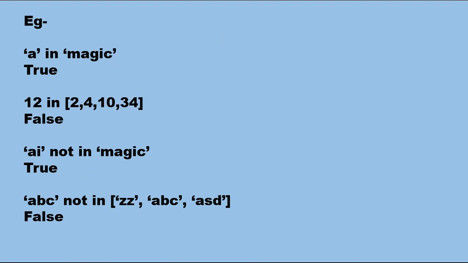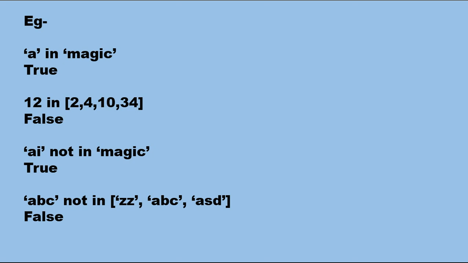For example, A in magic. Since A is existing in the magic word, it is going to return true. The next example, 12 in the given list. Since 12 is not part of the given list, it is going to return false. The next one, AI not in magic.